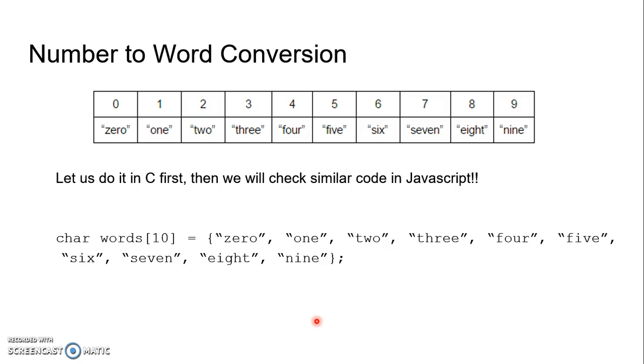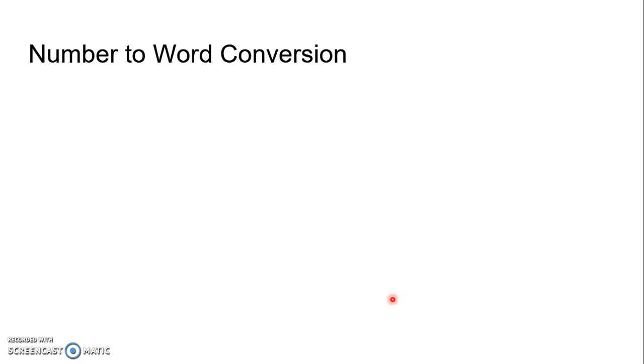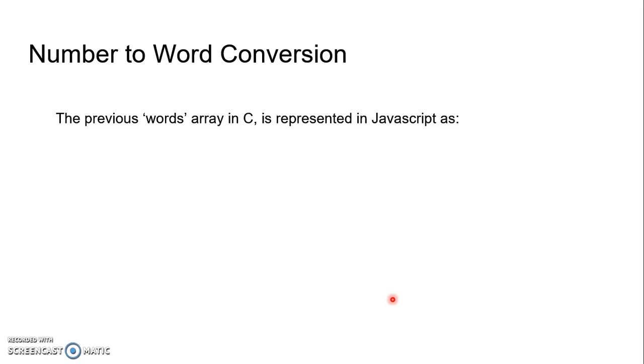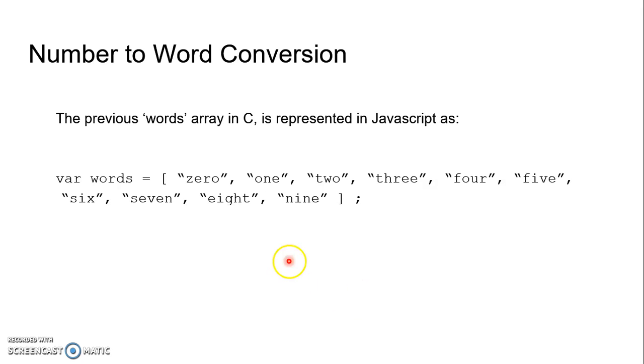Now let us try to convert this C programming language code into something very much like JavaScript, because that is where we are writing code. Okay, so this is how the JavaScript array looks, where the data type is var, and words is very much the same thing.